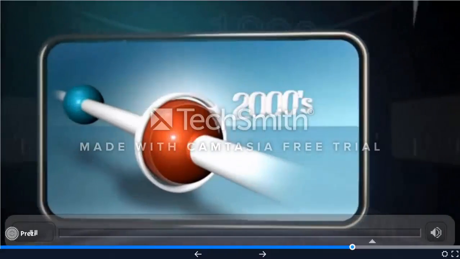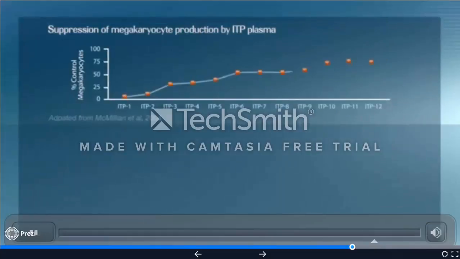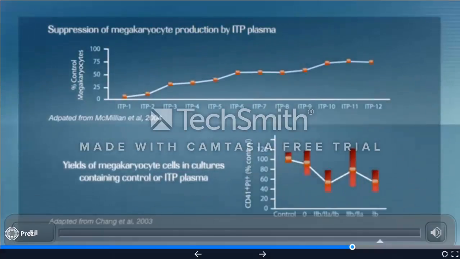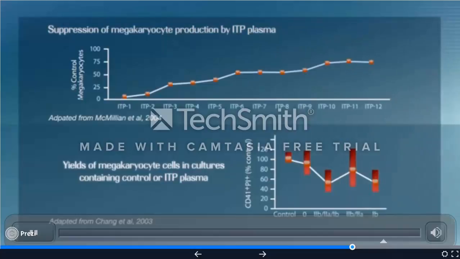Further investigation in children and adults by Nugent's and Macmillan's groups respectively in the early 21st century show that ITP plasmas can suppress megakaryocyte development in vitro, leading to decreased platelet production in patients with ITP.